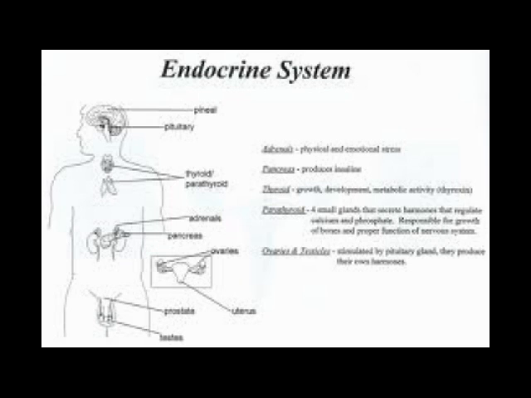When I talk about the gonads, I'm talking about the ovaries for females and testes for males. Now, FSH, the follicle stimulating hormone, works on both the ovaries and the testes. When it works on the ovaries, it's your regular follicle stimulating hormone.